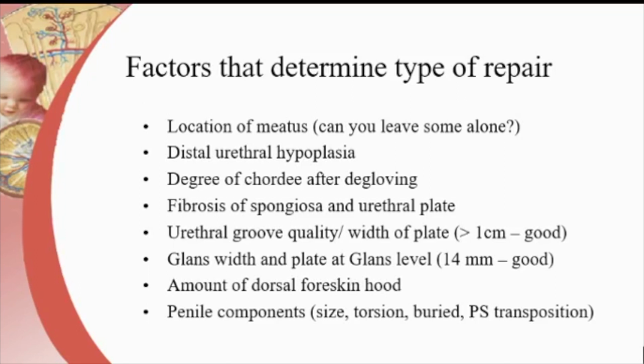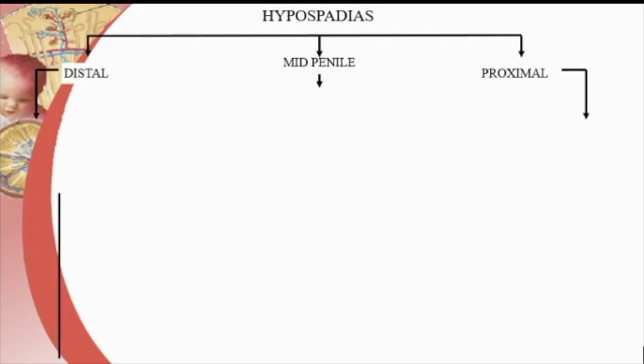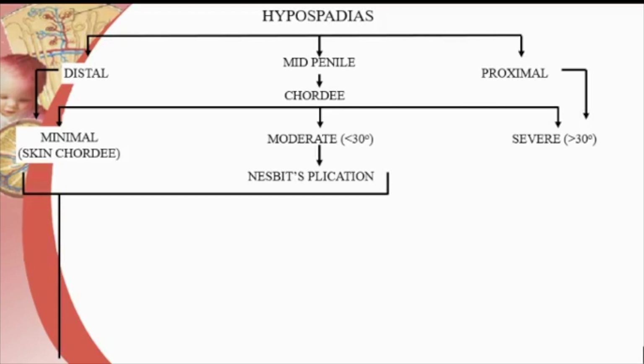More than 14 millimeters is usually a good glans width. If it is less than 14, then probably your glansplasty is under stress. Then the amount of dorsal foreskin hood, then the penile components like torsion and buried penis, which we have already discussed. So for hypospadias, as I said, first we have 3 types of hypospadias.